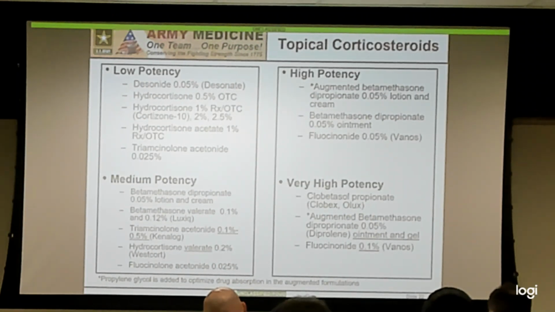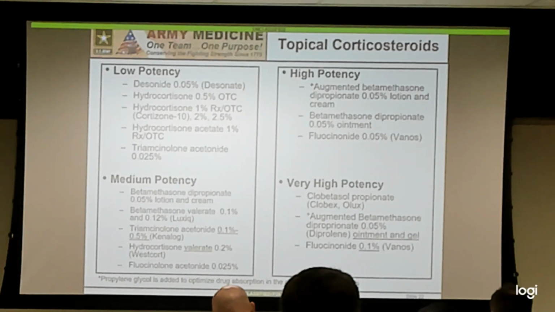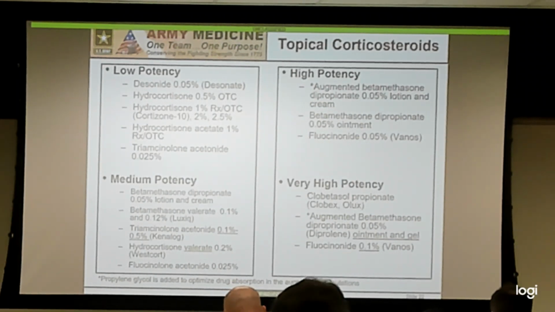When you're looking at your high potency and your very high potency, you see that you have augmented betamethasone dipropionate, and then they have a lotion and a cream. But when you're looking at your very high, they change the formulation and you have an ointment and a gel, okay? So now we change the formulation and that made the potency change.